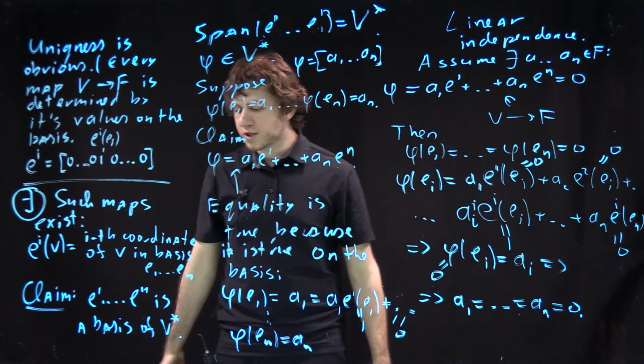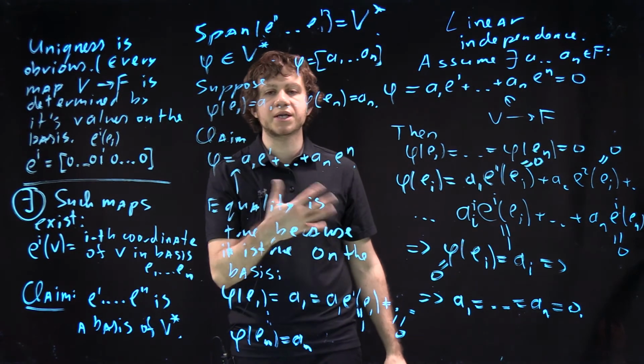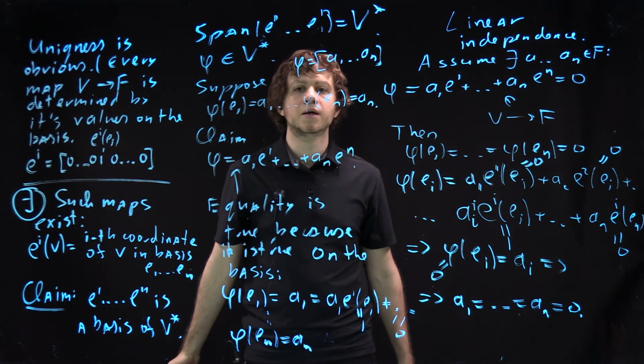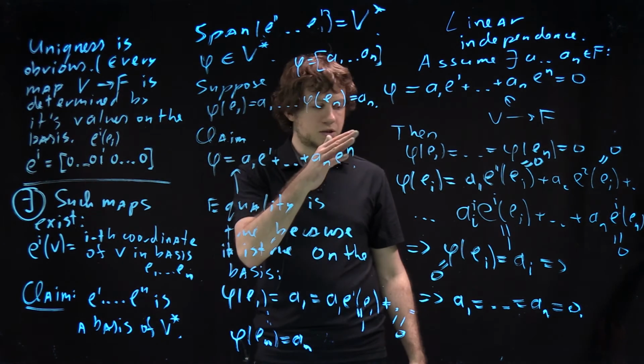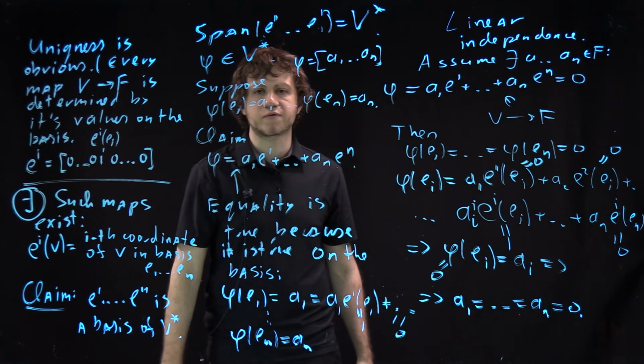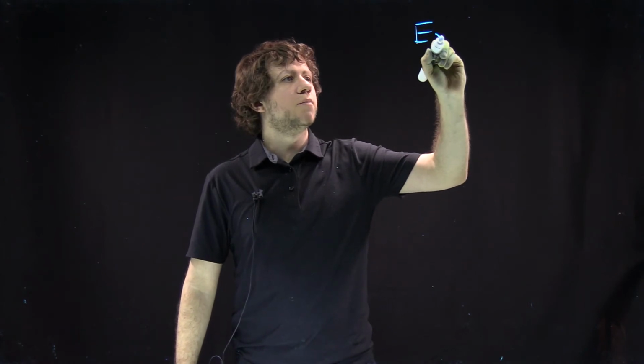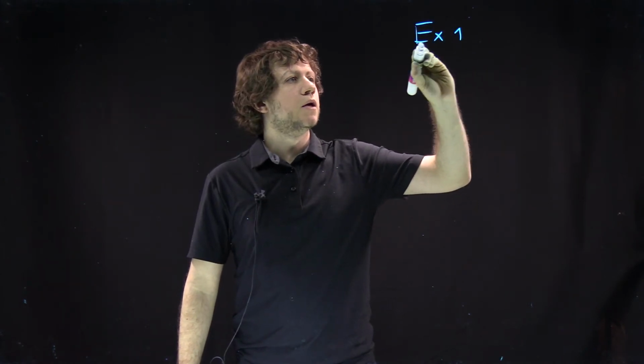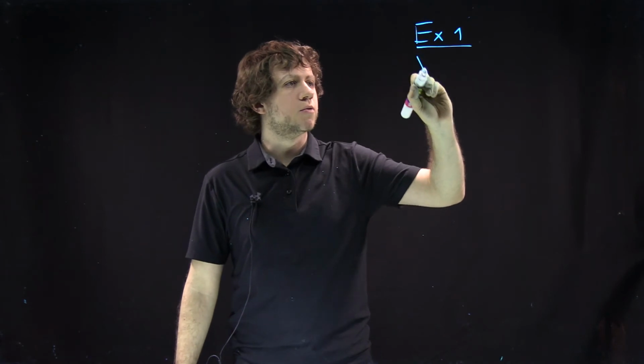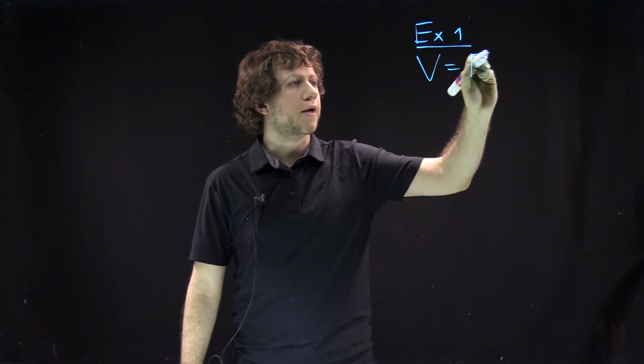And so, of course, our most natural question will be, what is a dual basis for every vector space we know? So let's look at our most favorite examples. Okay, so I want to discuss 3 examples. The first one is boring, and 2 others are really interesting. So example number 1. Let's just start with our most boring example, F^n.